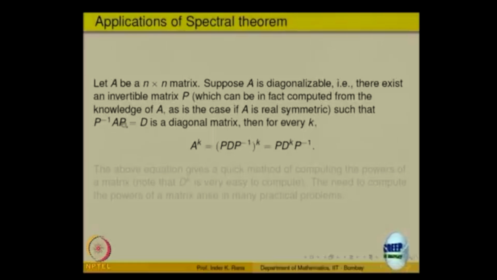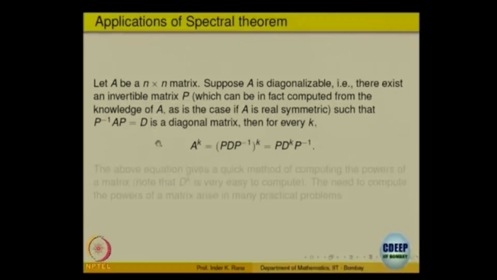What is A equal to? From this equation, if P inverse A P is D, multiply on the left side by P and on the right side by P inverse. So you get A is equal to P D P inverse.